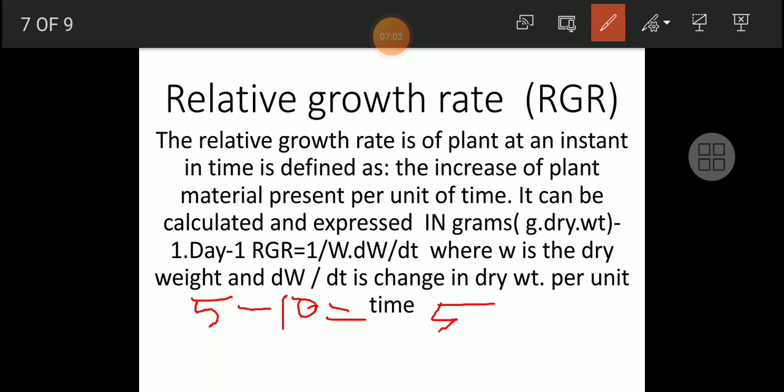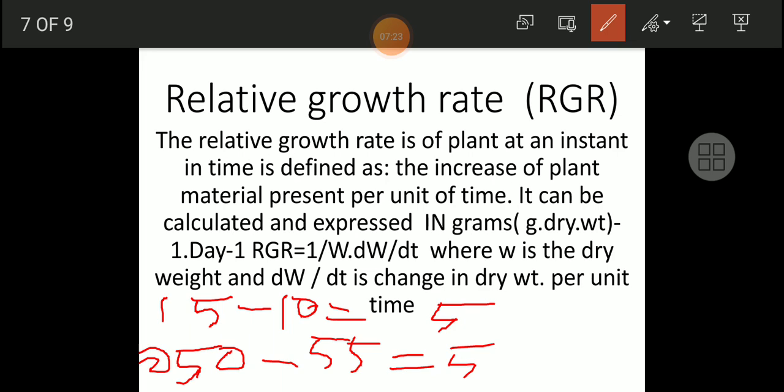Similarly, suppose another example: 50 centimeter square is the initial leaf size, that increased up to 55. So again here 5 is the absolute growth rate.